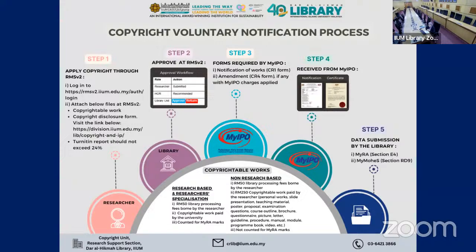So basically this process is more for the academician, but I just explain briefly how library manages it. So basically we will approve in step number 2, and then at step number 3 we will send it to the My IPO, and then at step number 4 the pemohon akan menerima satu surat permohonan dan satu sijil.